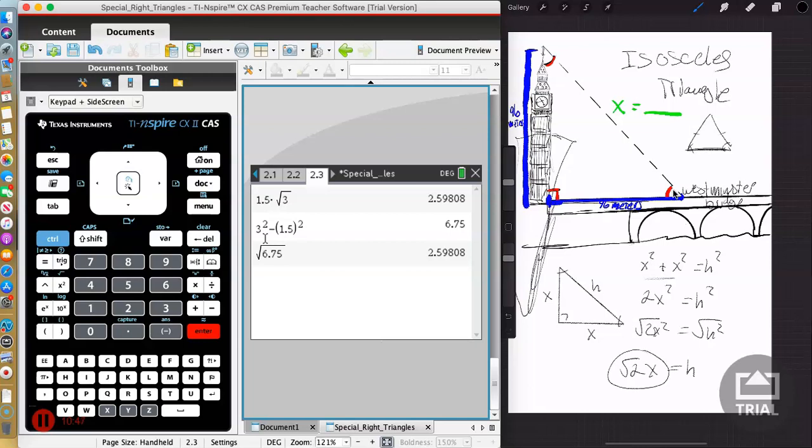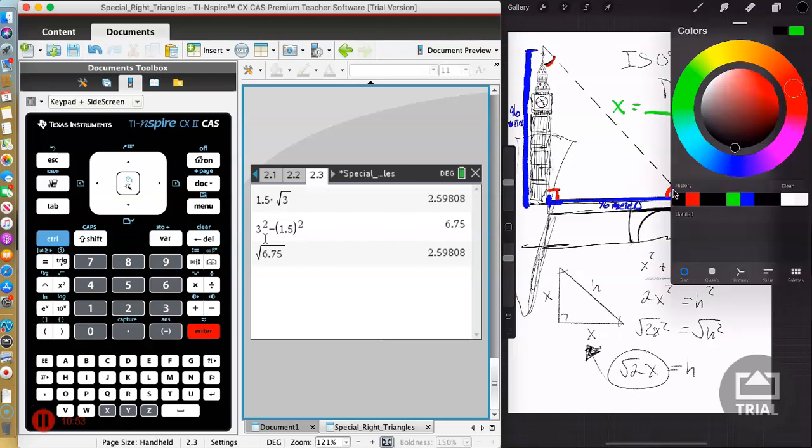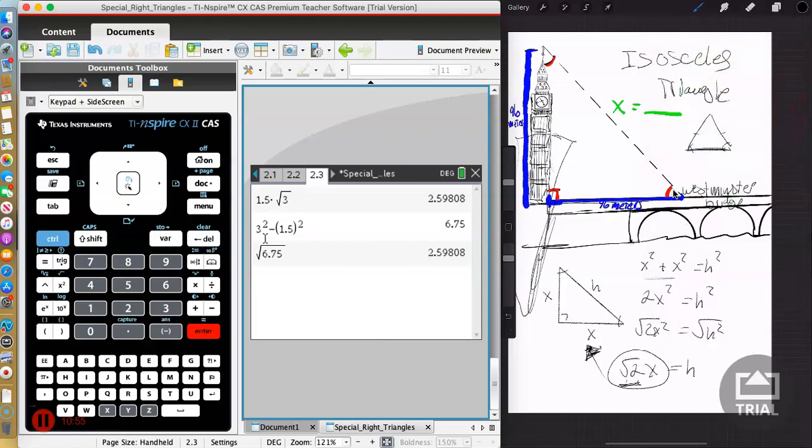Notice, this is only a step up from the length of the side by a radical 2. So that means in a 45, 45, 90 triangle, we can simply take the square root of 2 times either of the side lengths, since they're the same, and get the hypotenuse.